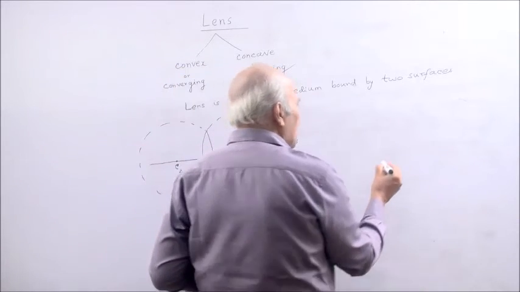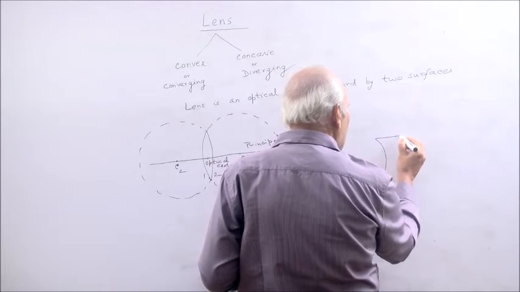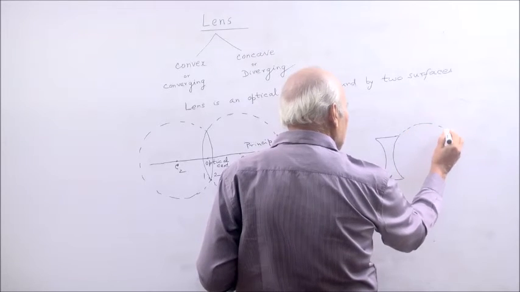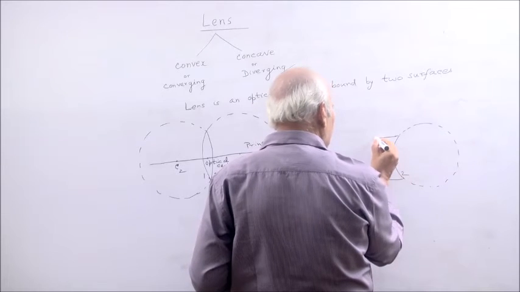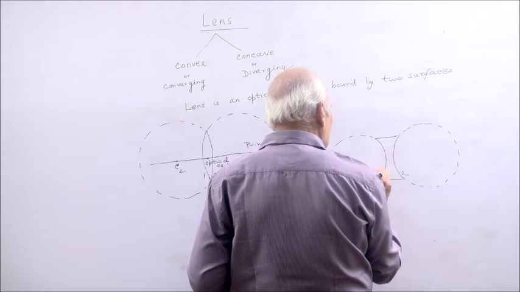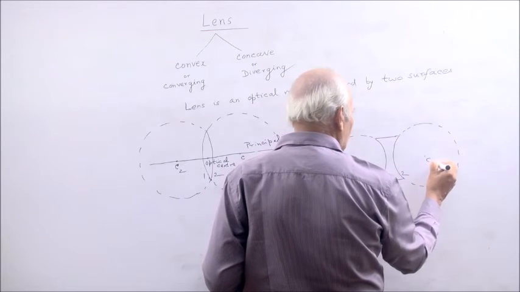Similarly, for the concave lens, the middle part is thinner and the outer parts are thicker. This is second surface, this first surface. So, here you see the center of curvature is C1 and it is C2.